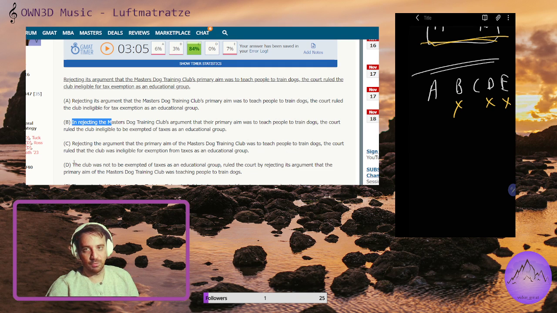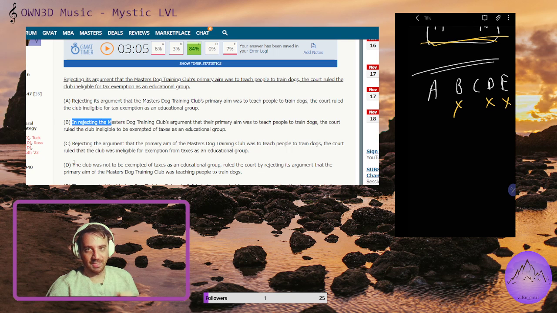Whereas a more accurate statement would be something like: in accepting some filing or something like that, whatever the procedure is to make a ruling, in going through that procedure, the court ruled the club ineligible.